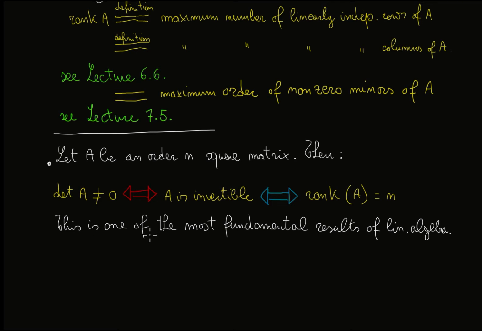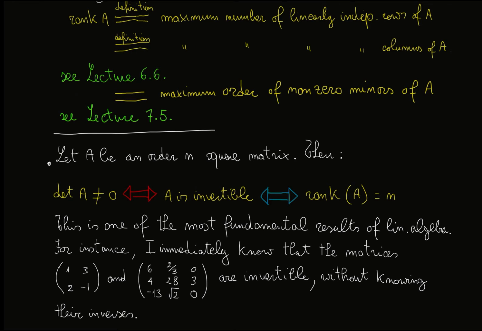And this is one of the most fundamental results of linear algebra. Indeed, I can mention the following example. For instance, I immediately know that the matrix 1, 3, 2, negative 1, this 2 by 2 matrix, and this 3 by 3 matrix are invertible without knowing their inverses.